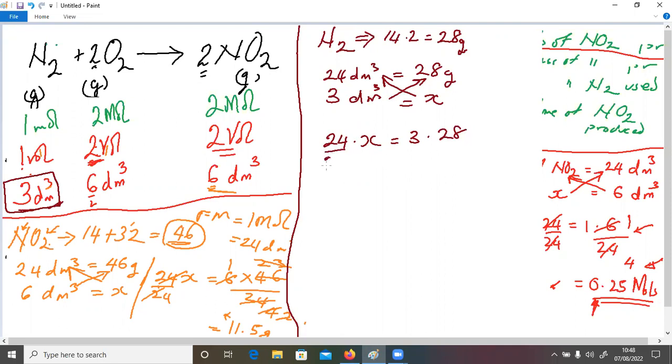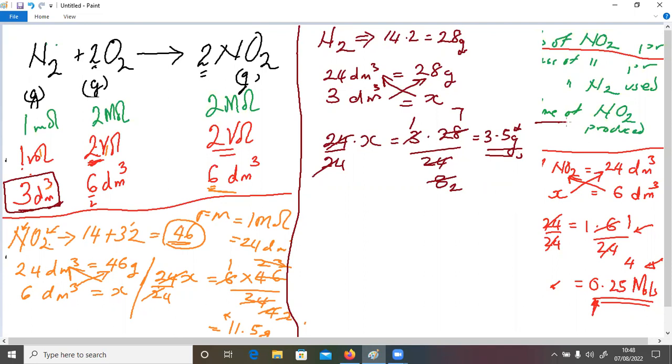Then you divide by 24, making x the subject of the formula. 3 by 28, by 4 is 7, and this one gives me 3.5 grams. Remember always to put the correct unit. Where it is grams, put grams; where it is moles, it's moles, right?